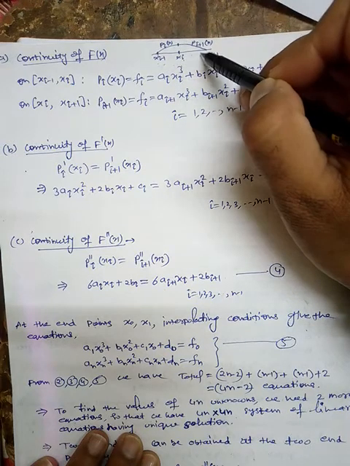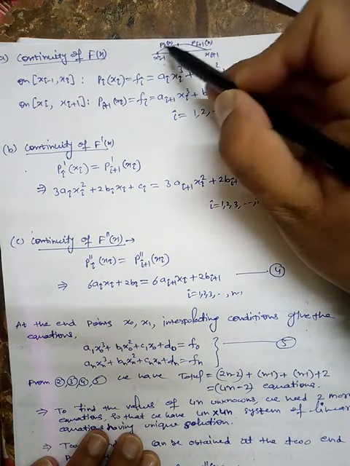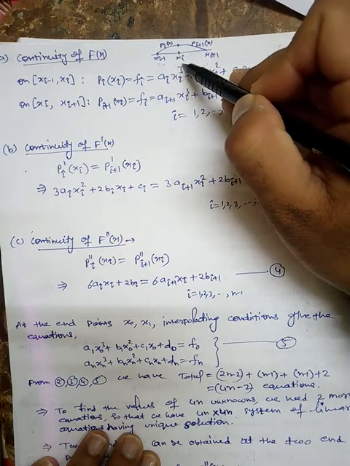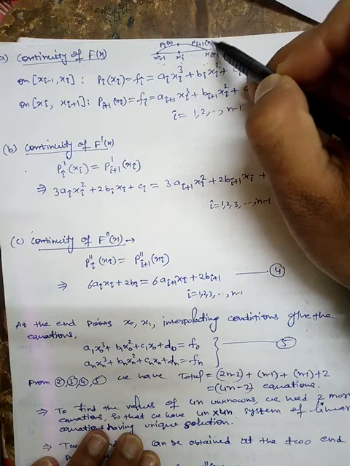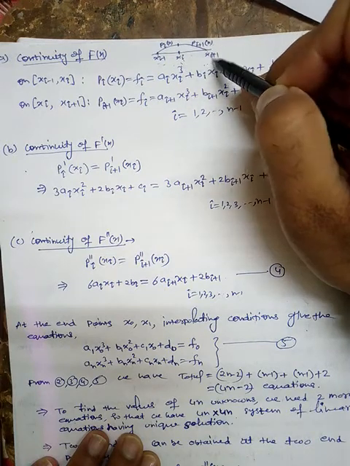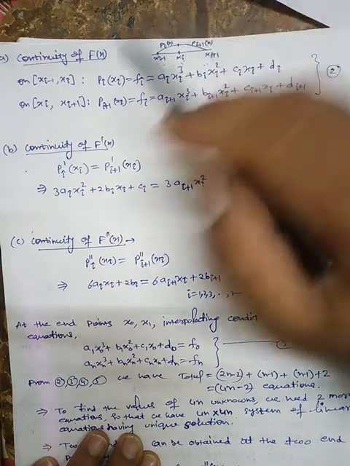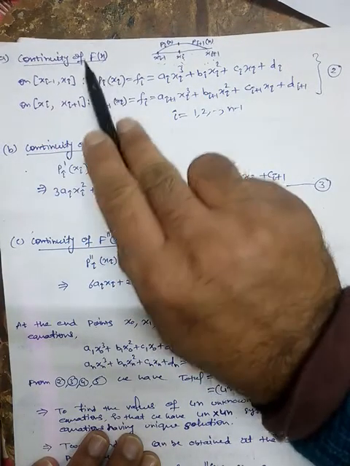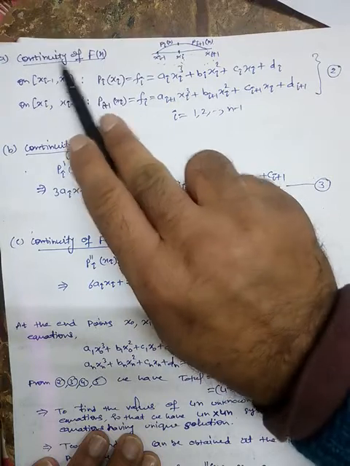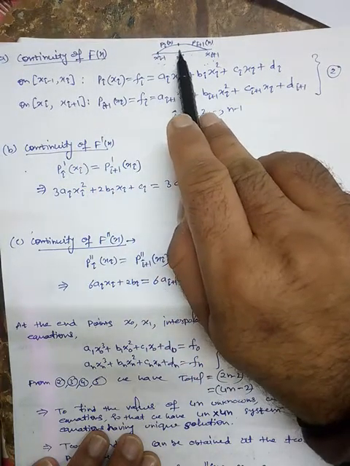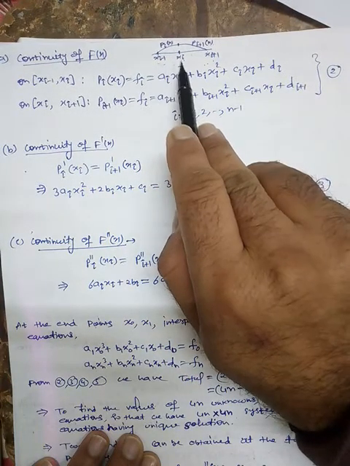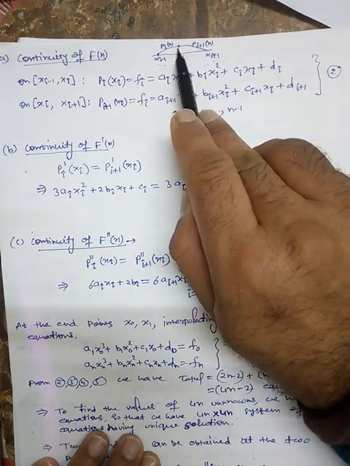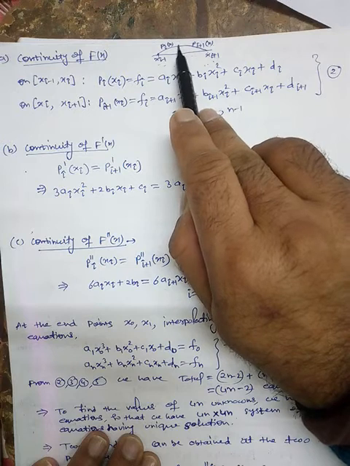And we have drawn two consecutive polynomials, pi of x in the interval xi minus 1 to xi and pi plus 1 of x in the interval xi to xi plus 1. Okay. So now this condition says that function f of x is continuous. Continuous means continuous at xi minus 1, at xi as well as xi plus 1. So we are considering this point. So the function is continuous at this point.